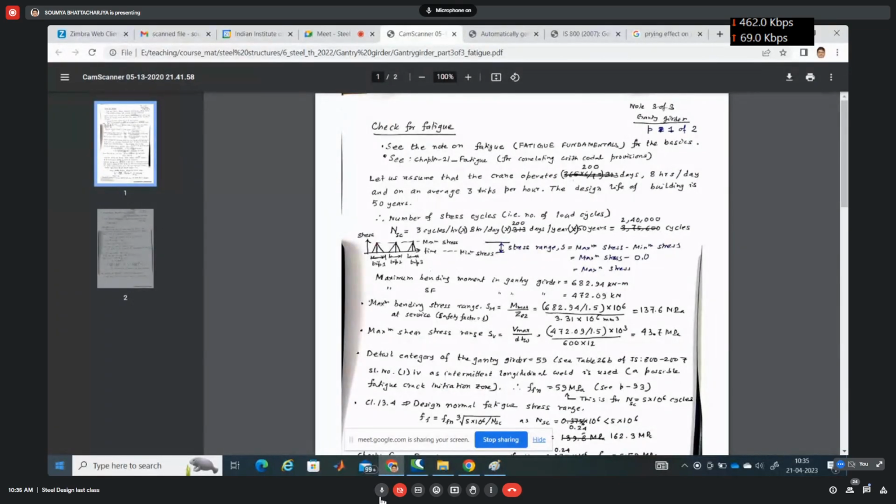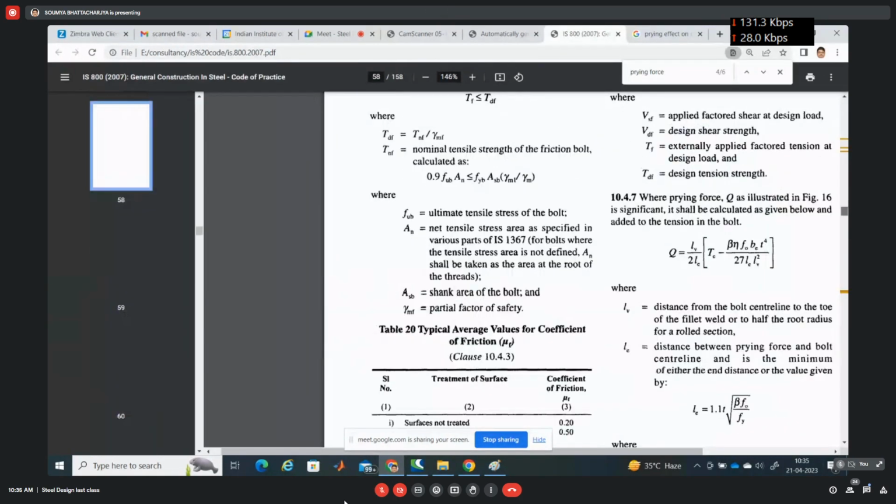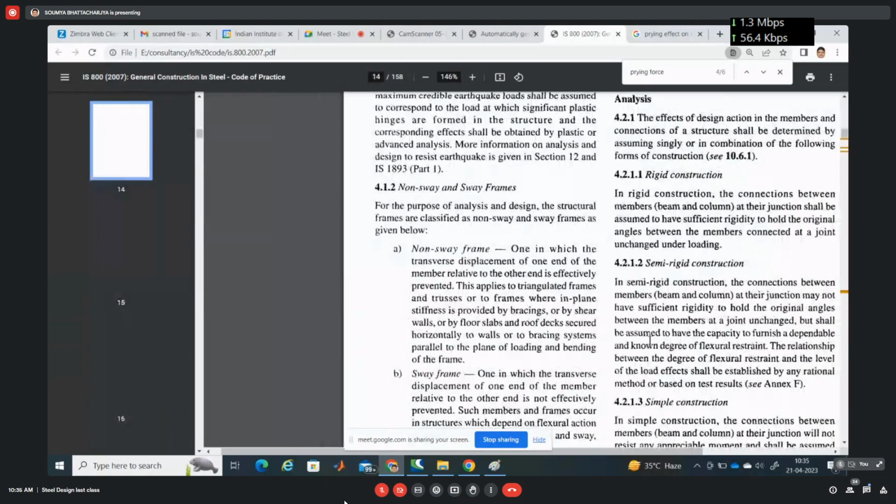Sir, in steel projects, as well as in this steel design, we have not considered the thermal stresses. Why? You see, in IS 800 2007, it is clearly mentioned about the thermal stresses.